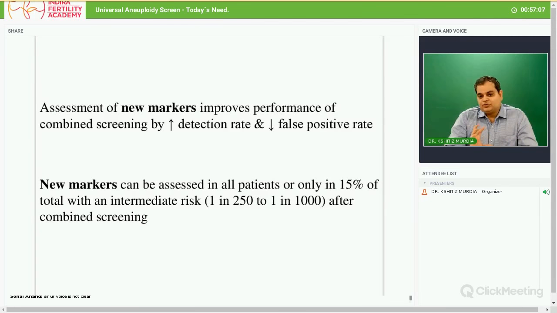Otherwise, for those patients who fall in the intermediate risk group, which contributes around 15% of patients, you can ask the patient to come again, evaluate the newer markers, and get the new risk.